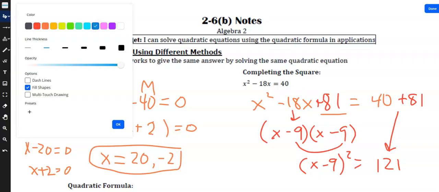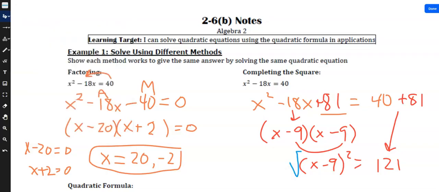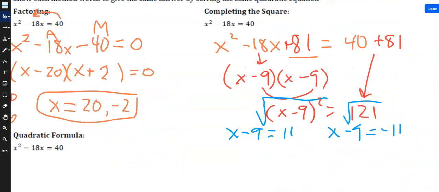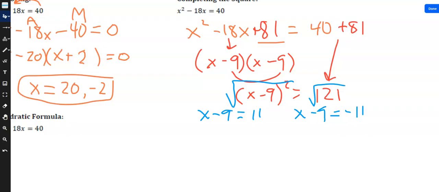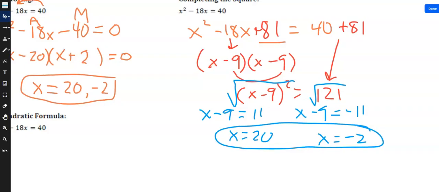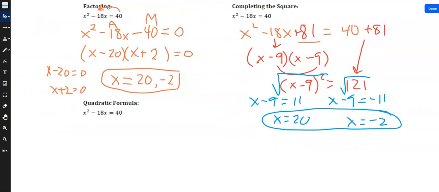Of course, at that point, since we have a nice perfect square, we can take the square root and get x minus 9 equals 11, and x minus 9 equals negative 11. Two different equations to solve, right? You got to have one with the positive, one with the negative, and so you can add and get 20, and you can add and get negative 2. Same two solutions, right?